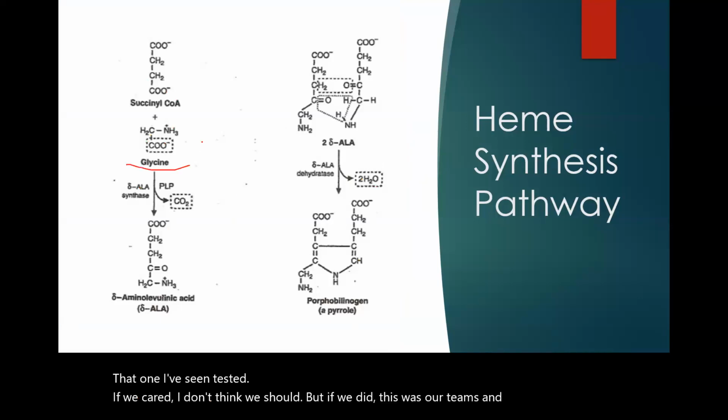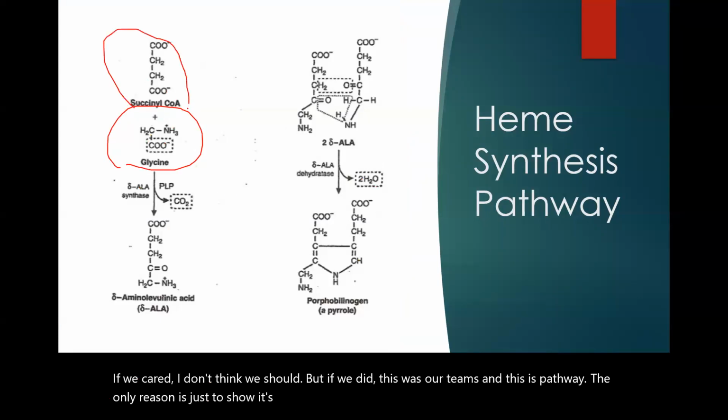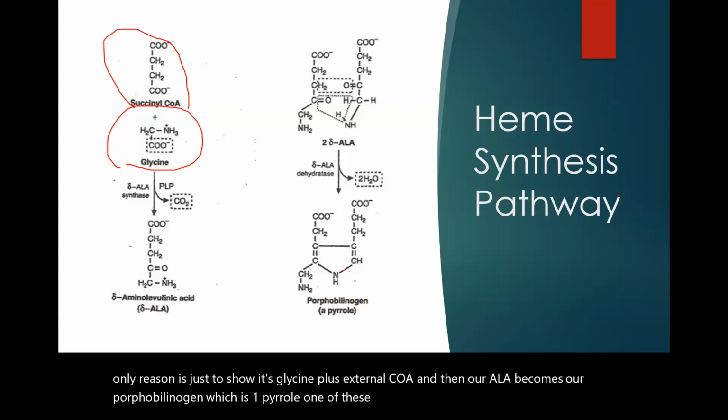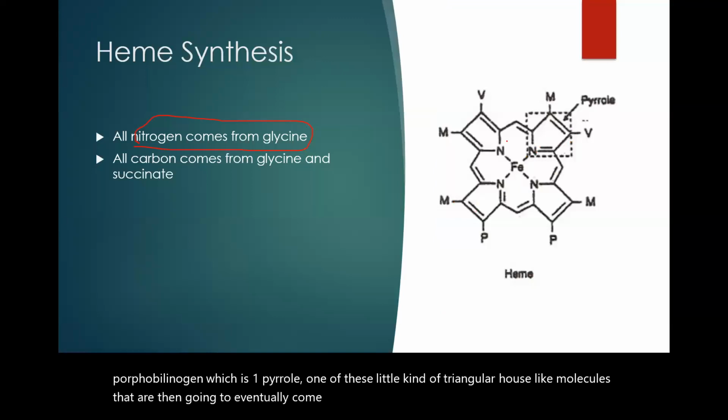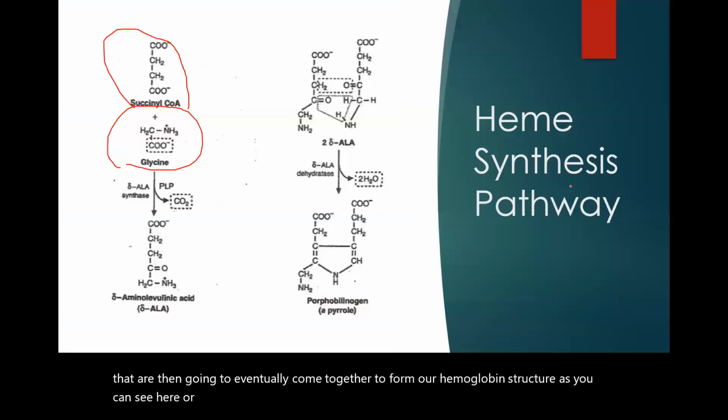The only reason is just to show it's glycine plus succinyl-CoA. Then our ALA becomes our porphobilinogen, which is one pyrrole, one of these little triangular house-like molecules that are then going to eventually come together to form our heme structure, as you can see here.